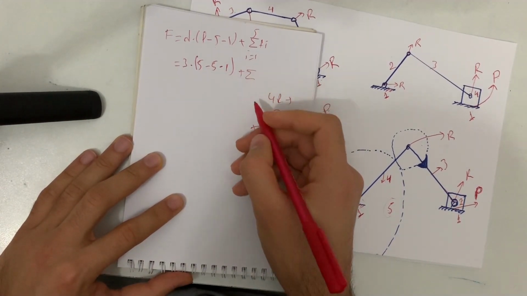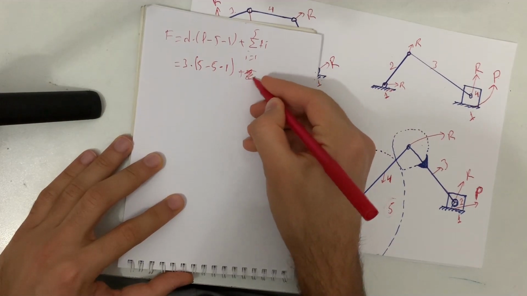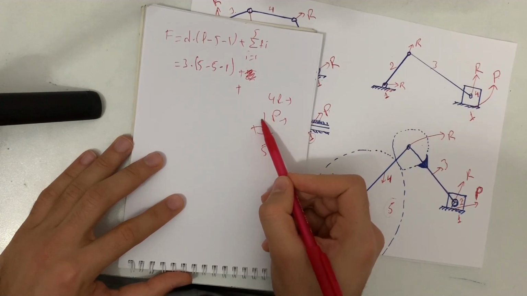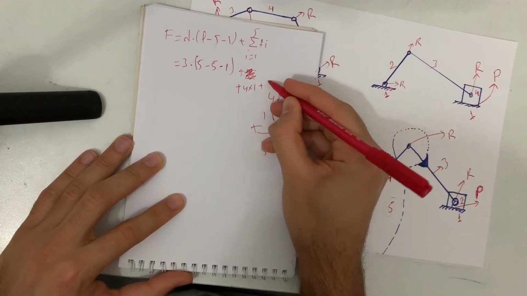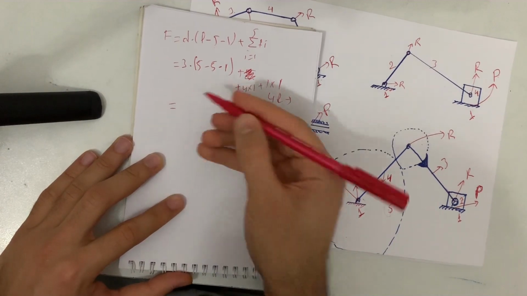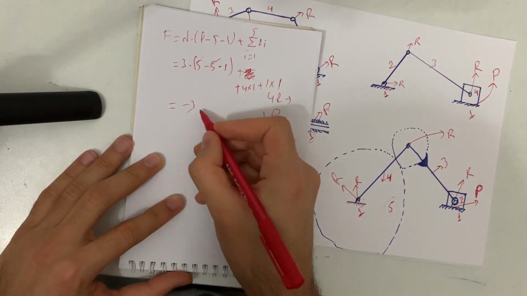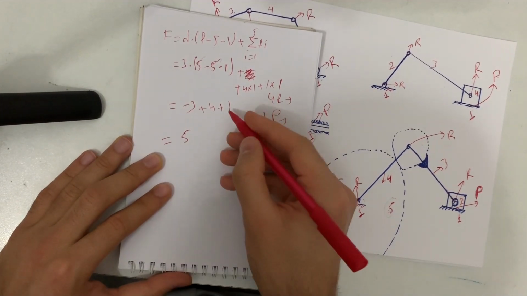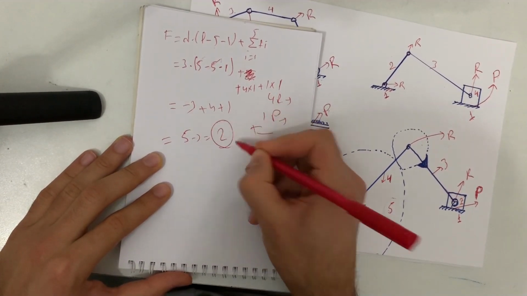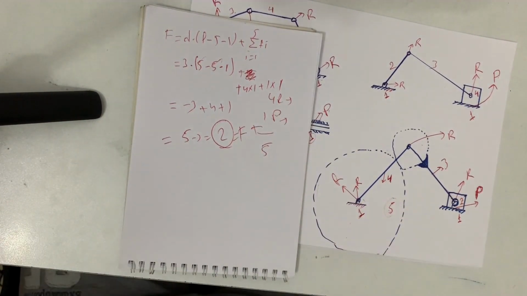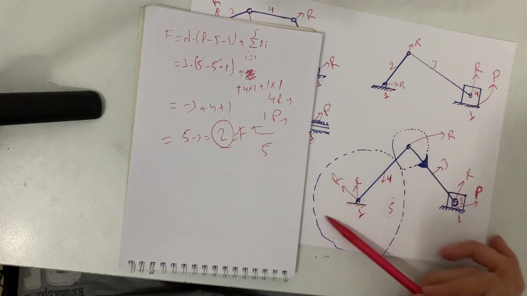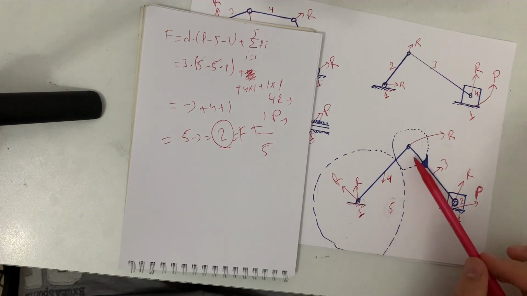Let me write it down over here. 1 for R, 1 for P. 4 times 1 and 1 times 1. So we got minus 3 plus 4 plus 1, and we got 5. Oh, sorry, 5 minus 3, and we got 2 for this mechanism. Let me check one more time. 1, 2, 3, 4, 5. Yes, 2R, 1 more R.